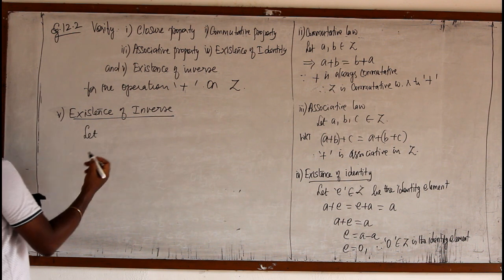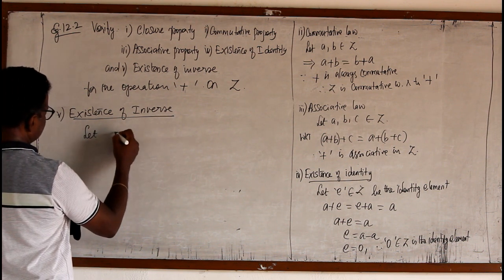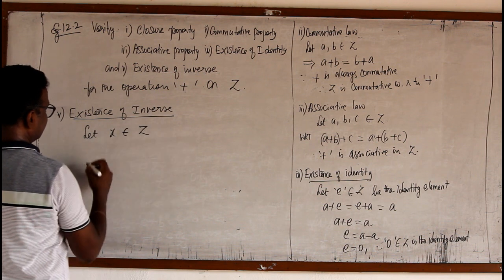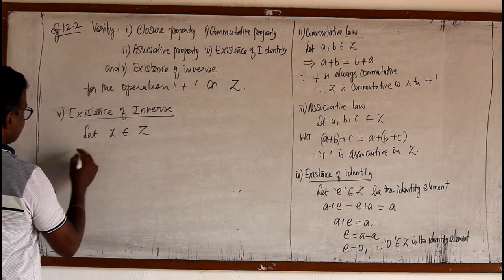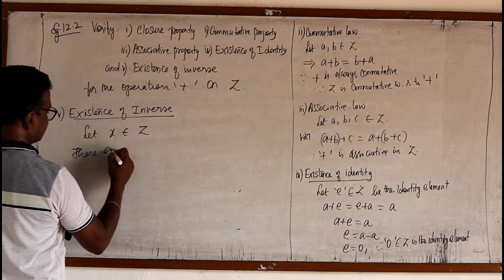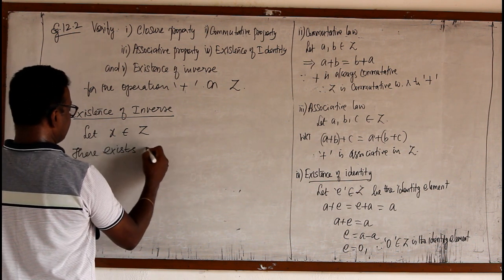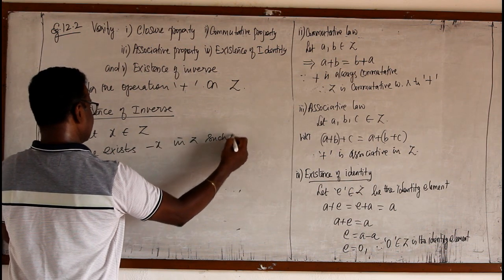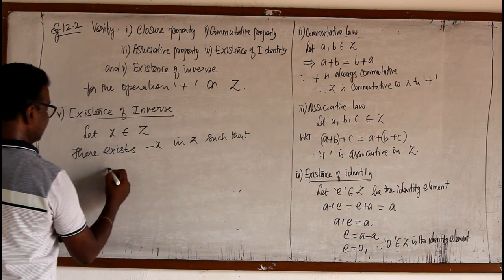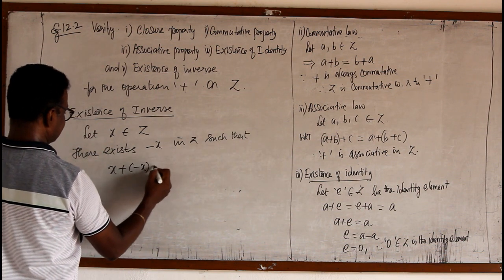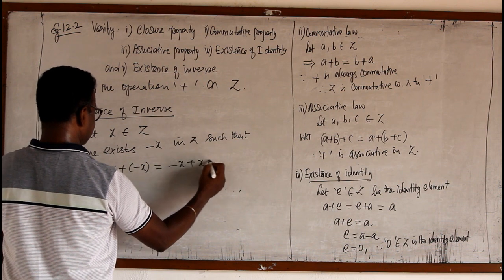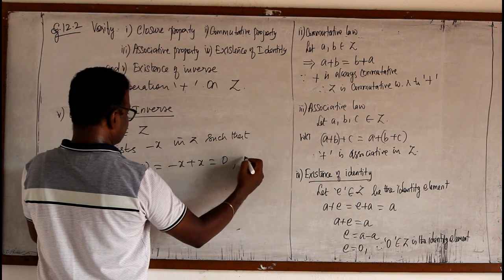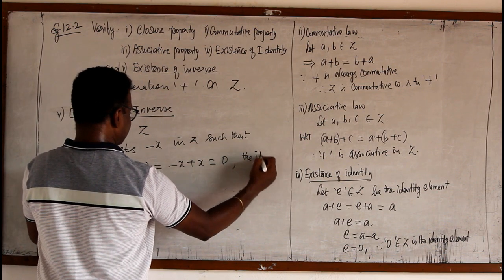I can take any element, let something a or some x belongs to Z. Then there exists minus x in Z such that x plus of minus x or minus x plus x, I will get the answer as 0, where 0 is the identity.